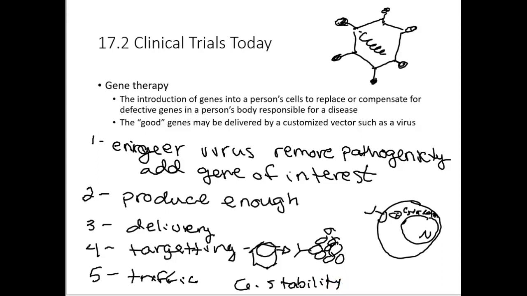Do you want this to be temporary? In which case, you might want your gene of interest to remain as an episome. An episome is an extrachromosomal element, so it's not part of your genome. It's like a plasmid almost, and it eventually gets degraded and broken down.